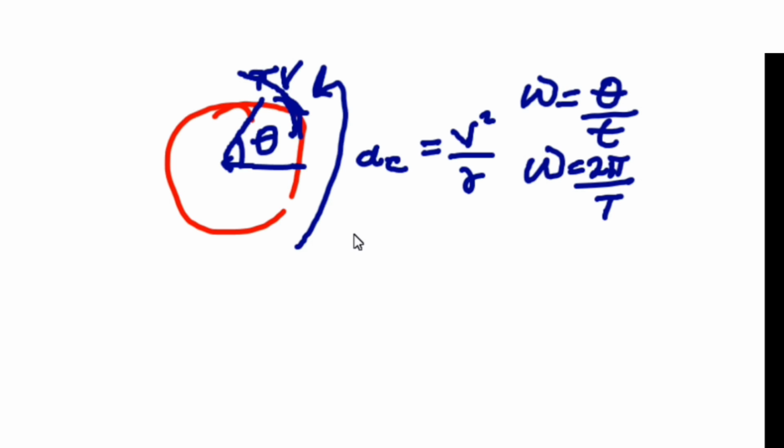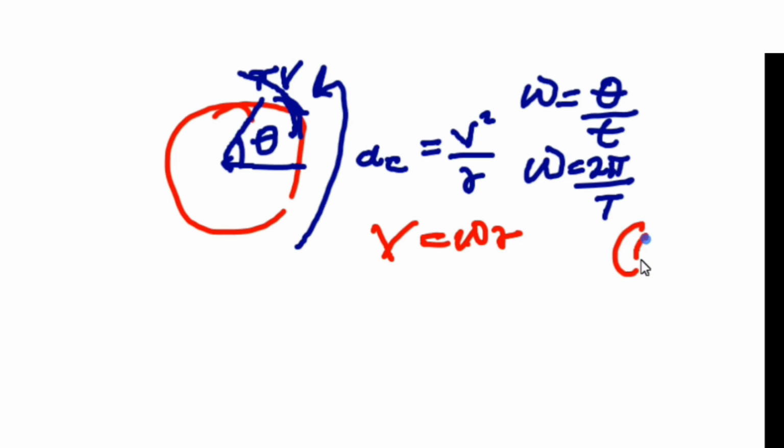So let's go back. We know that the relationship between linear velocity and angular velocity is v equals omega r. When we are not considering the direction, we can call this linear speed and call this angular speed.